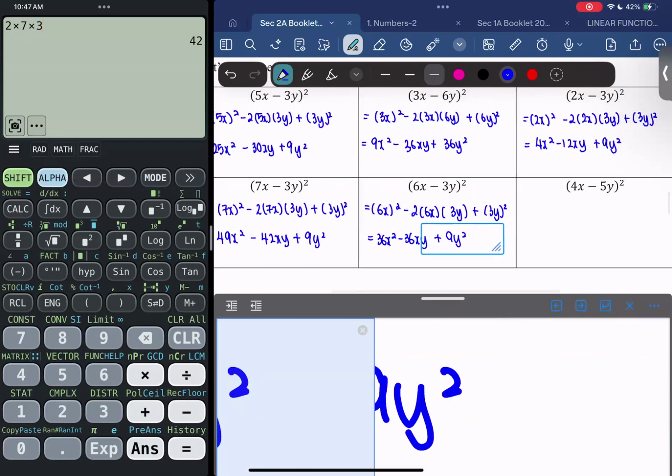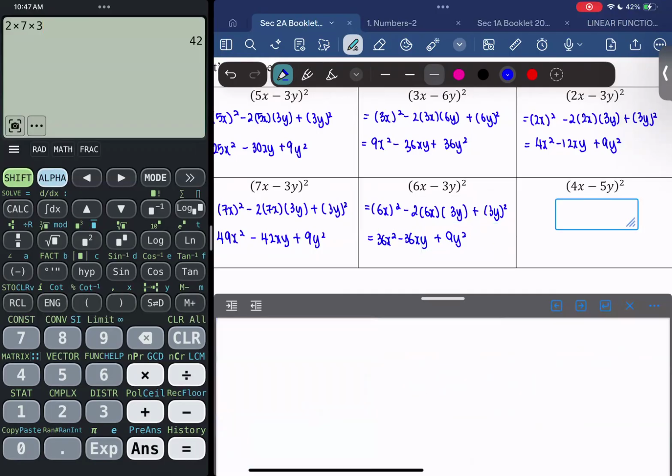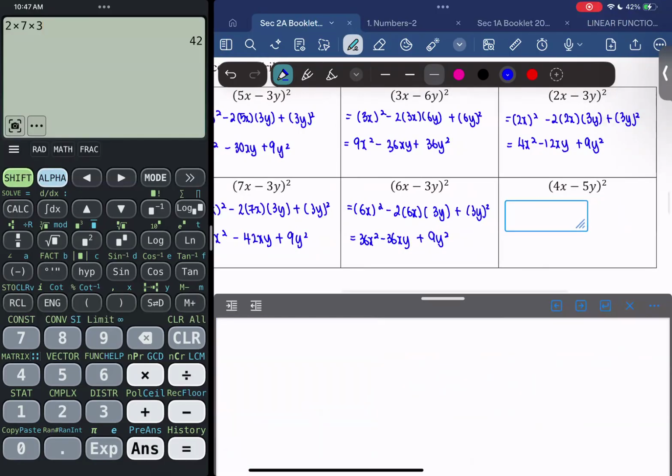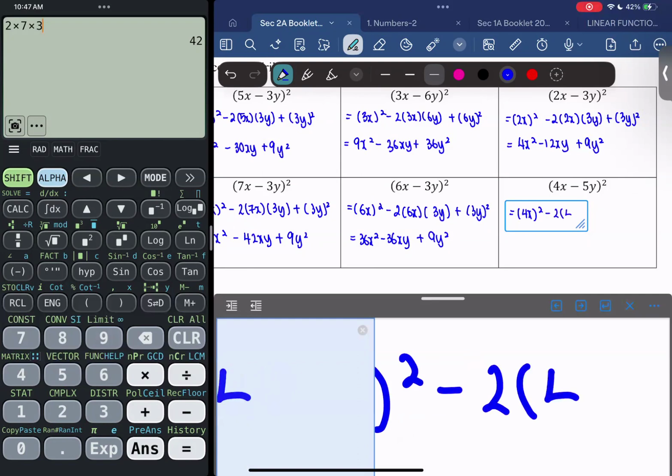Not sure whether Melanie can do it, but I think I'll just do it for her. Same thing, right? Oh, sure, you can do it. 4x squared minus 2 times 4x times 5y.